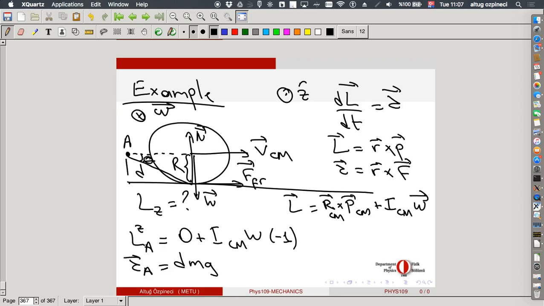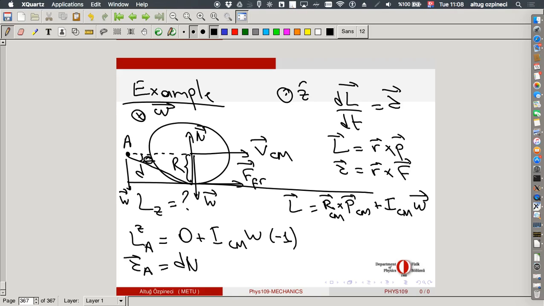So this is the direction of the weight. This is my d vector. Sorry, this is the normal force. The torque due to the normal force is d times the normal force.